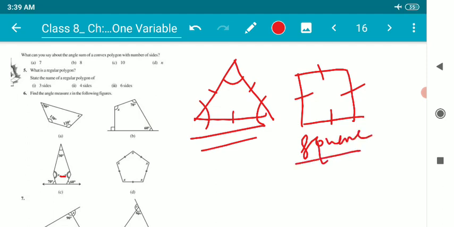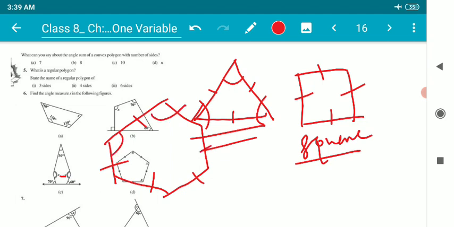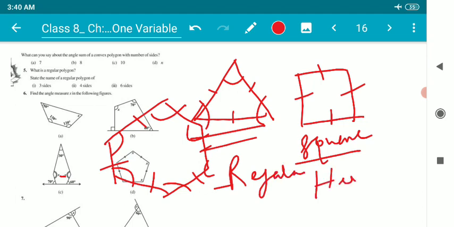Okay, 6 sides: 1, 2, 3, 4, 5, 6. All 6 sides are the same and all 6 angles are the same. That is called a regular hexagon. So I believe it's clear to everybody. If not, then please let me know. Feel free to speak to me.